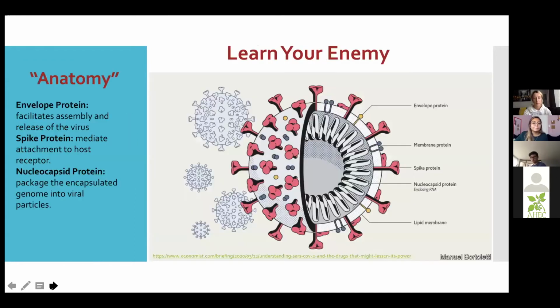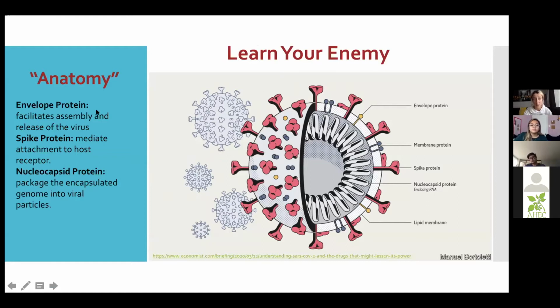Okay. My philosophy, I always say, is learn your enemy. So we're going to learn our enemy by looking at the anatomy of the virus. Do you see the picture here, the whole virus? I highlighted the main three components, which are very important.